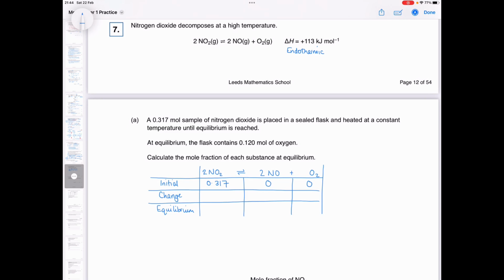And at equilibrium we've got 0.120 moles of oxygen. So that's gone up by 0.120. Now the mole ratio of oxygen to NO is 1 to 2, so that means this must have gone up by 0.240.